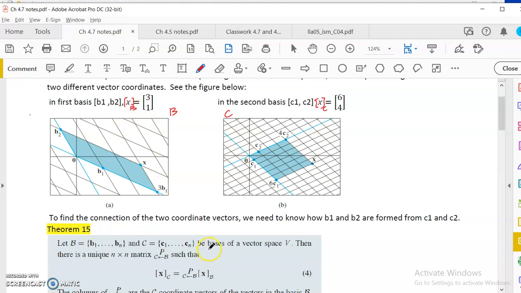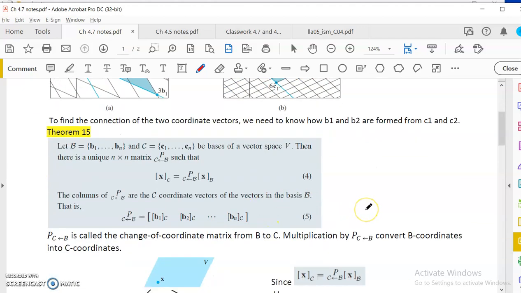To find the connection of these two coordinate vector bases, we want to know how B1, B2 can be formed from C1, C2.